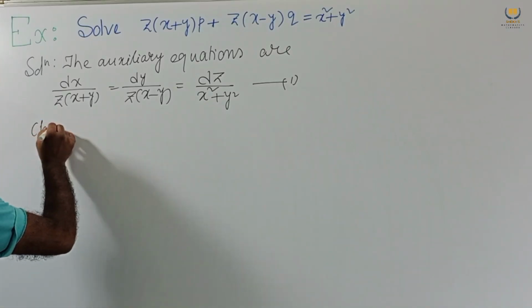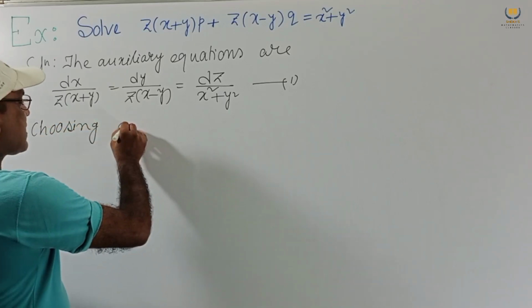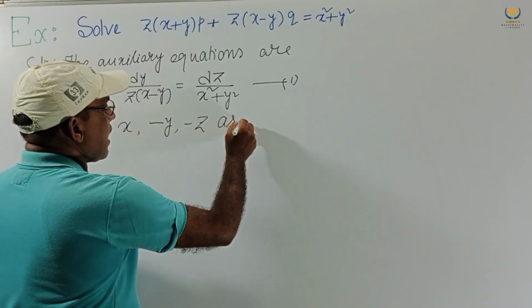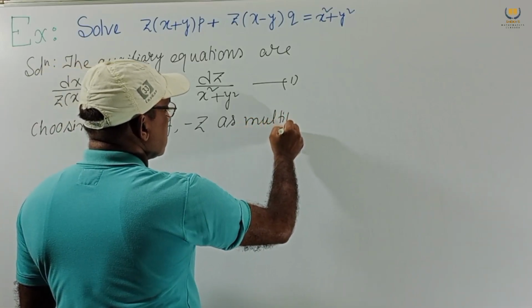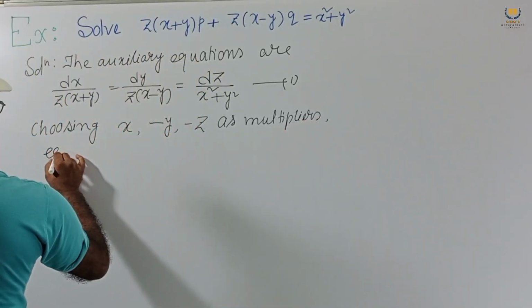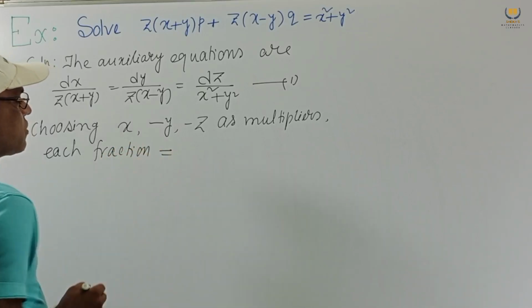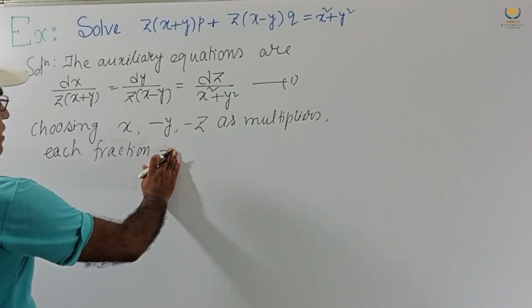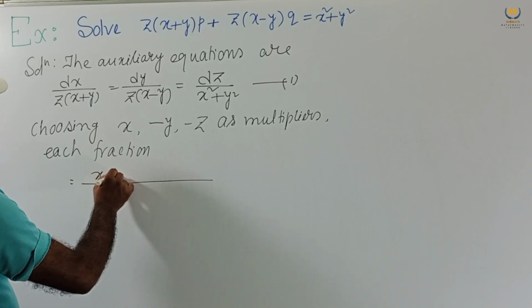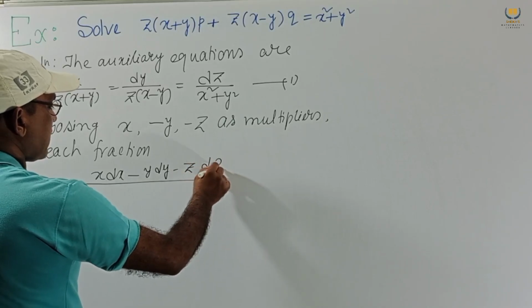Choosing x, y, minus z as multipliers, each fraction equals x dx minus y dy minus z dz.